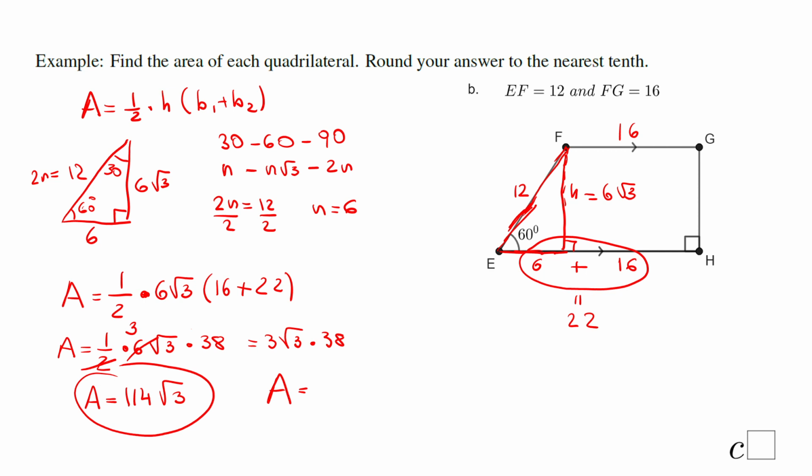And I end up with this 197.45. Again, I'm going to copy the first two decimals since I need to round it to the nearest tenth. So that means the rounded answer based on the problem is going to be 197.5.